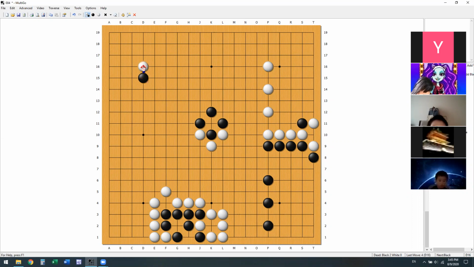So white will answer, and then black captures again. And if black wins the ko, he will capture this stone and damage white's territory here, right? So this ko is also very important. It will decide whether white can keep his territory or not. So ko is very useful.